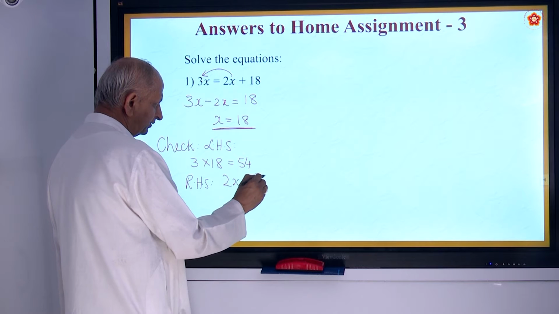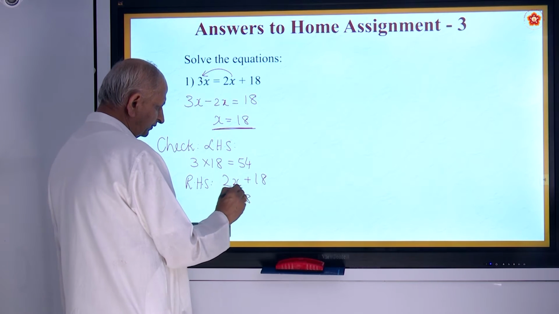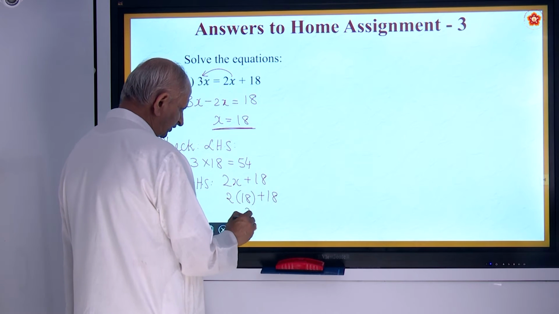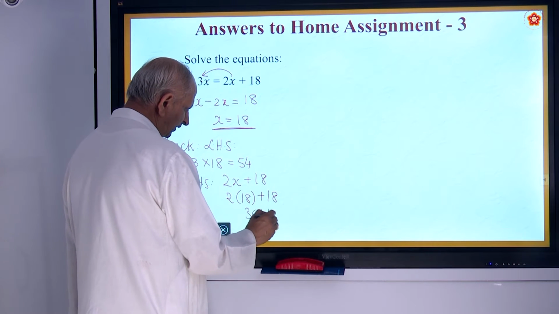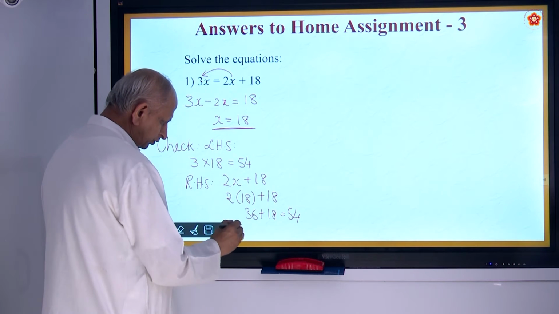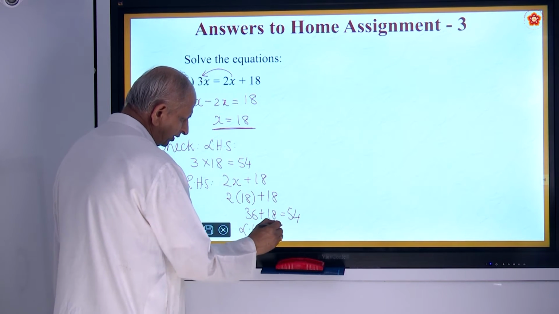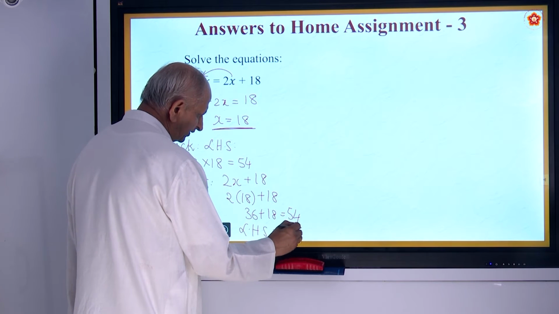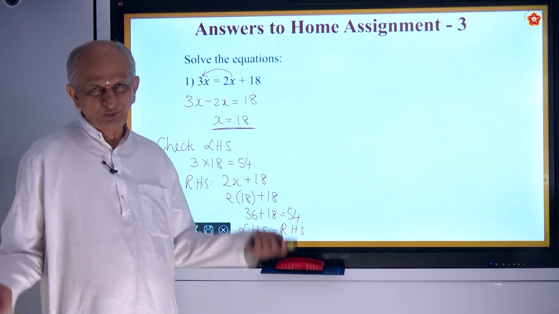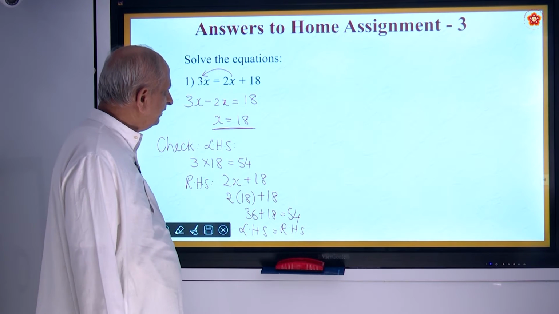What is the value of x? x is 18. So 2 into 18, that is 36, plus 18, that is 54. So what do you observe? We know that left hand side is equal to right hand side. So the value of x is equal to 18 is correct. You can do it orally also, but in some cases you cannot work it out orally.